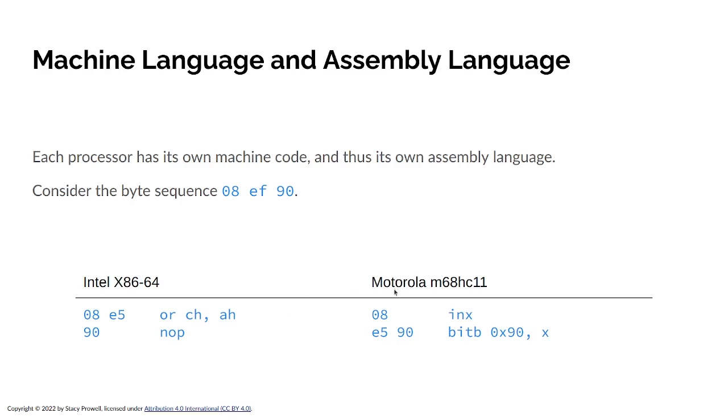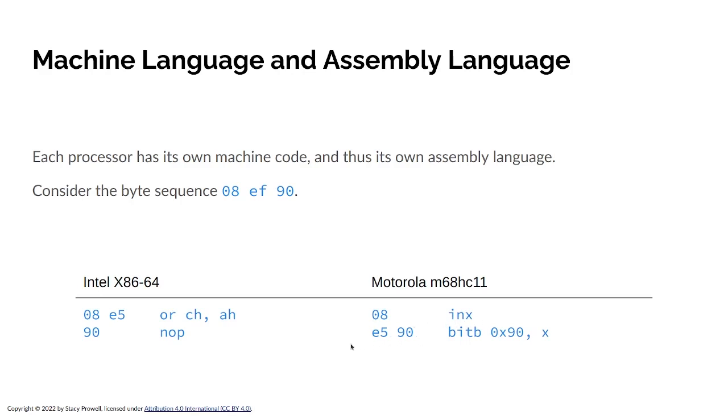So over here is the Motorola 68HC11, which is a microcontroller based on the 6800 series of Motorola controllers, which, by the way, is the first microprocessor I ever wrote any code for. And 08 is increment X. So this is incrementing a register called the index register, which is 16 bits wide.